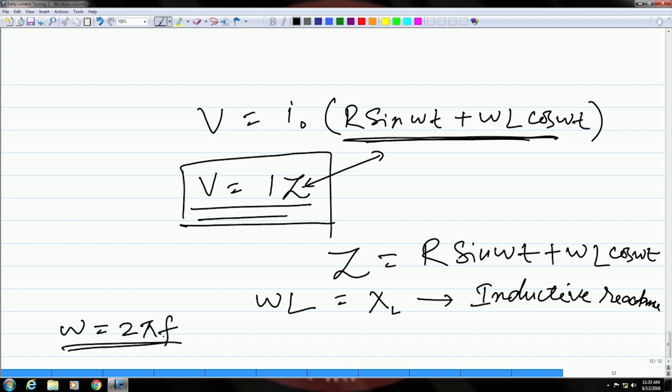So, this inductive reactance is nothing but the reduction in current flow, or the resistance to current flow, due to inductance. Okay, so finally, we have an expression for Z like this.